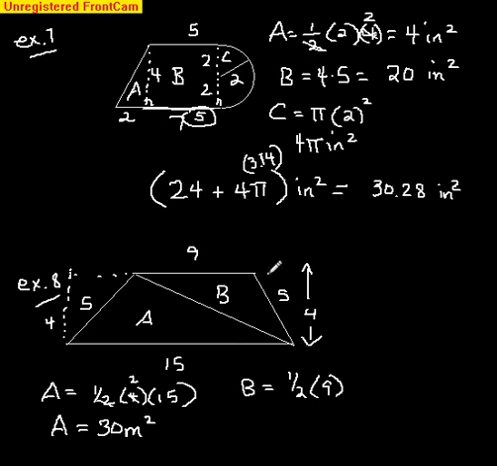So again, you have to extend it, times 4. 2 goes into 4 2 times, and the area of B is going to be, if I can multiply this together, 18 meters squared. And to get the area of the whole thing, you just add those 2 together. So the area of the whole thing is 48 meters squared.